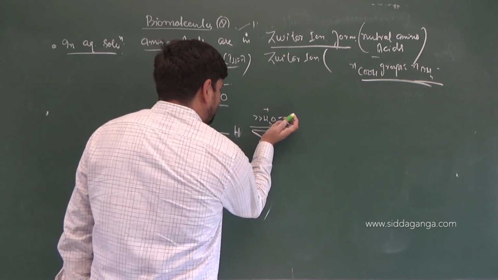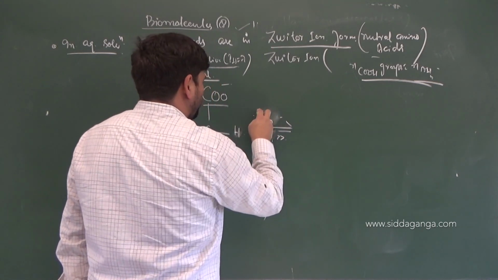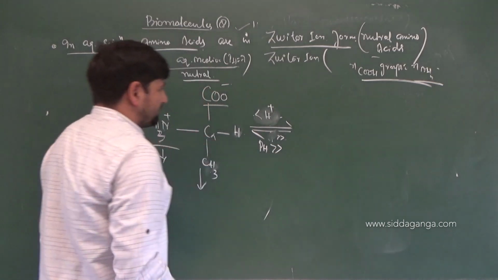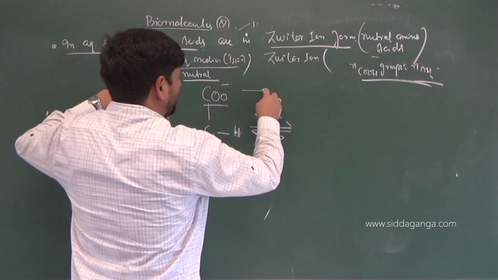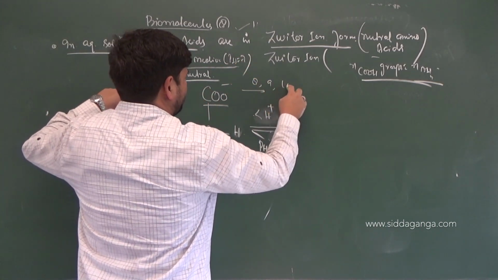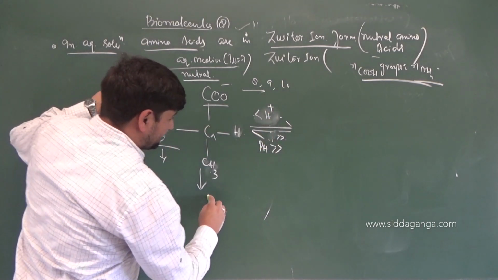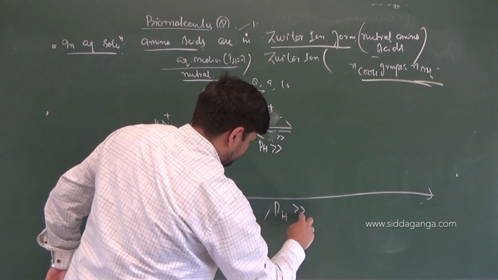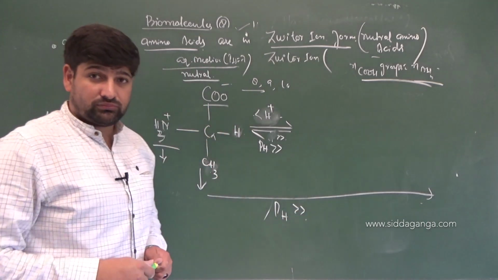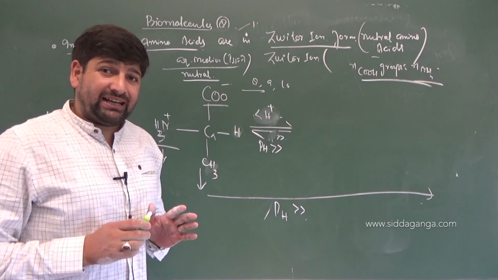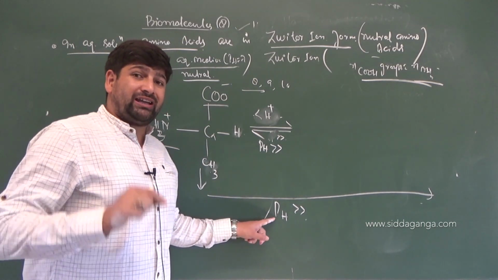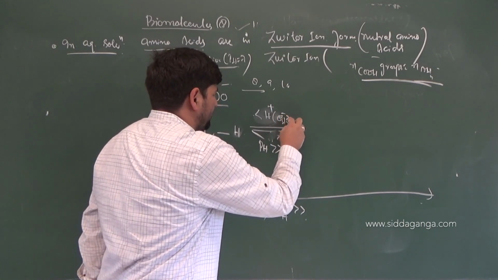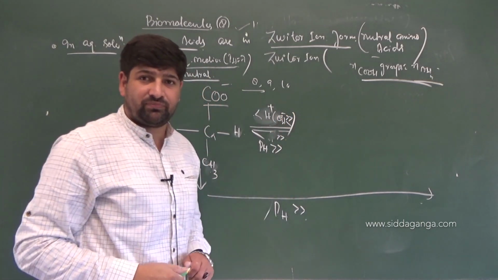Now in this direction, we are decreasing H plus, that means pH is being increased. So from neutral, that is 7, we go to suppose 8, 9, 10 pH. So I am increasing pH in this direction. Increasing pH technically means we are increasing the OH minus ion concentration.